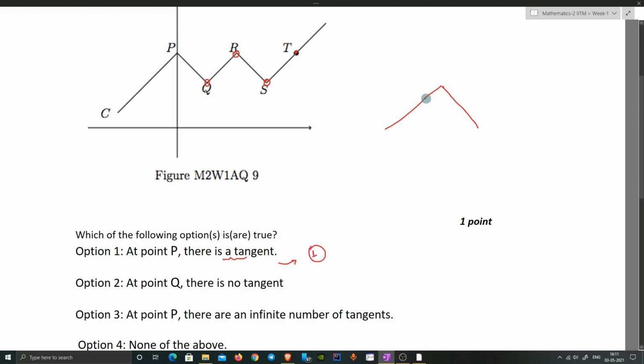Can we draw a single tangent here? We cannot draw a single tangent at a point where the graph changes its direction from increasing to decreasing, so there is no tangent at point P.